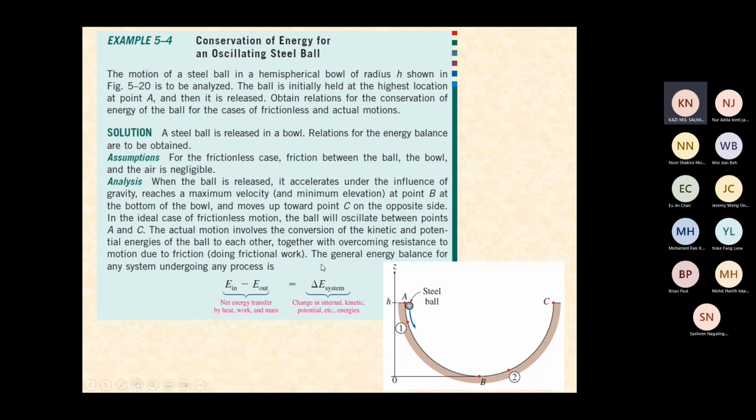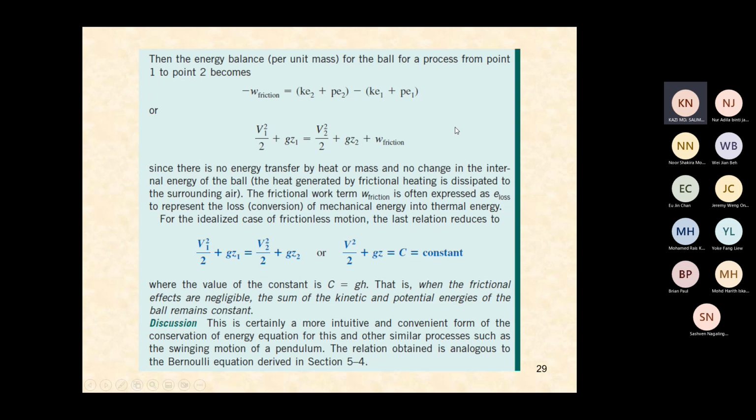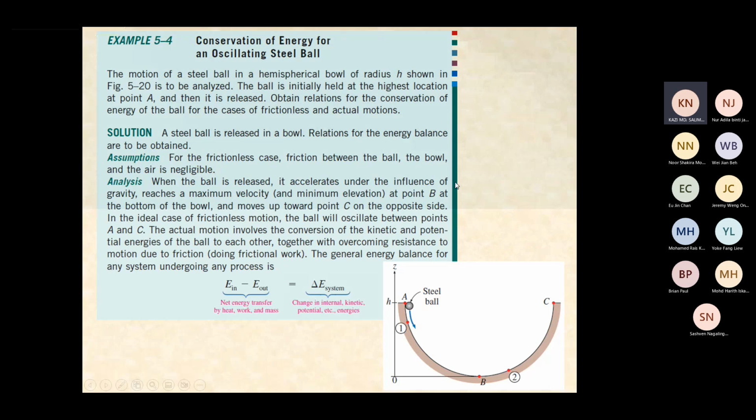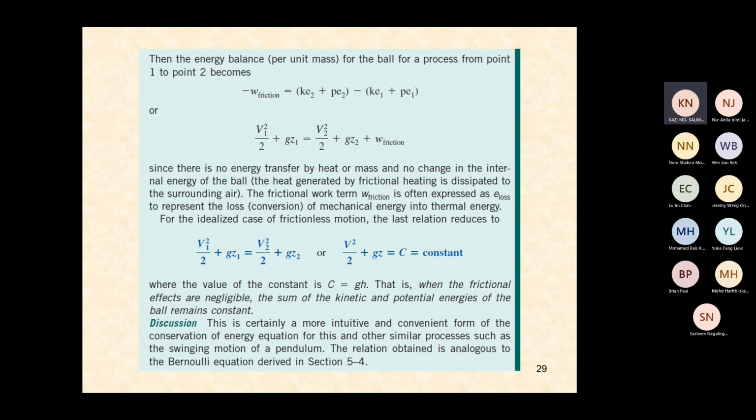With this, we go further. W friction will be equal to kinetic energy plus potential energy at the first stage minus kinetic energy plus potential energy at the second stage. So if we consider the point here, the kinetic energy and potential energy here minus the kinetic energy and potential energy there will give us the W friction.